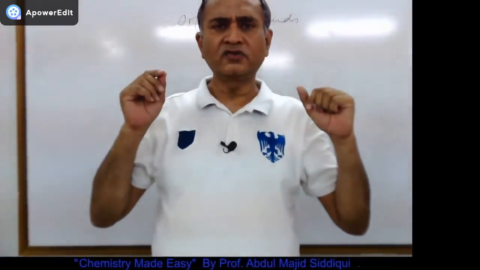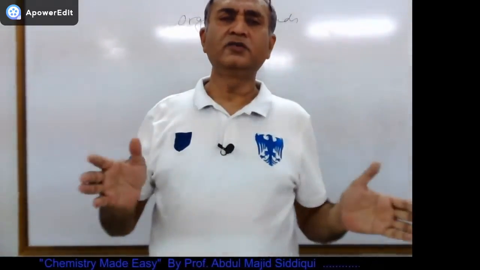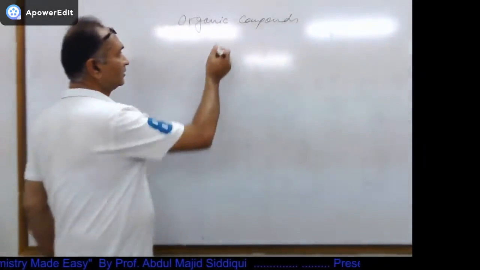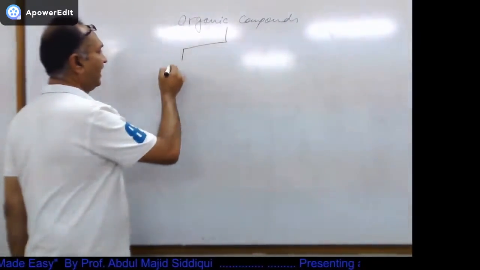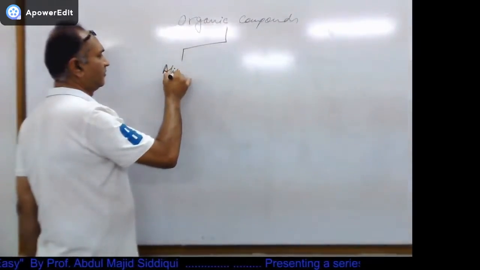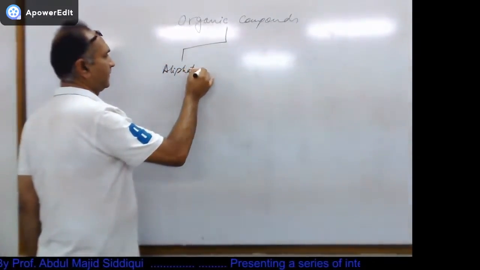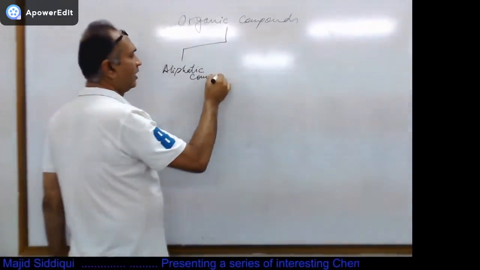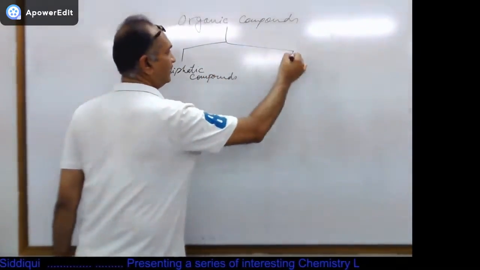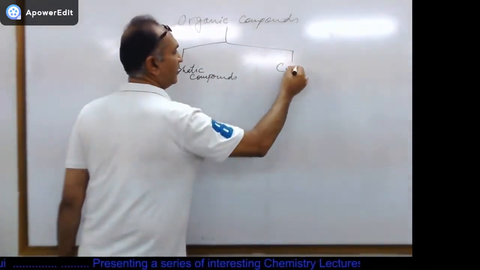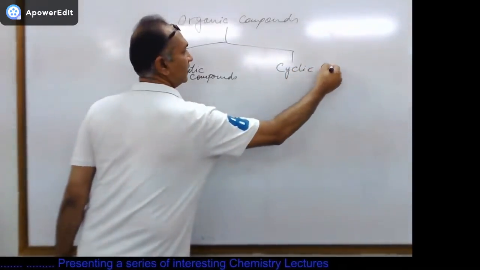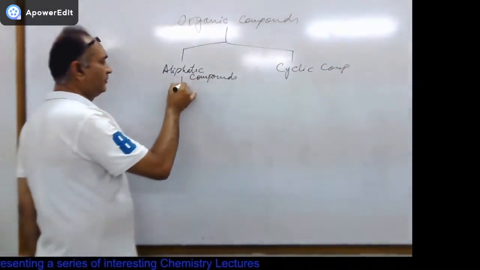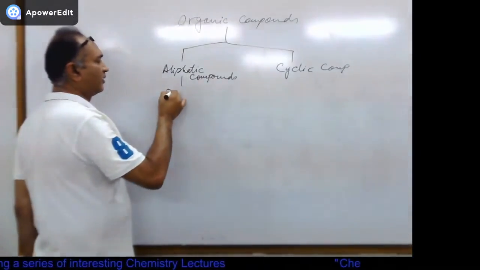All organic compounds can be divided into 2 broad categories. What are those broad categories? Aliphatic compounds and cyclic compounds. Right? Aliphatic means open chain compounds.